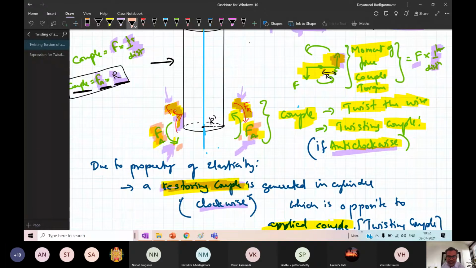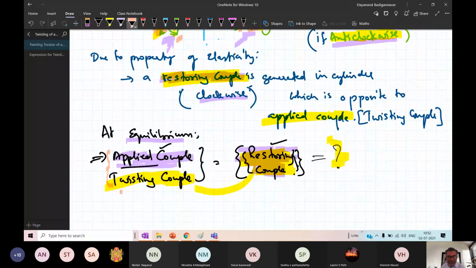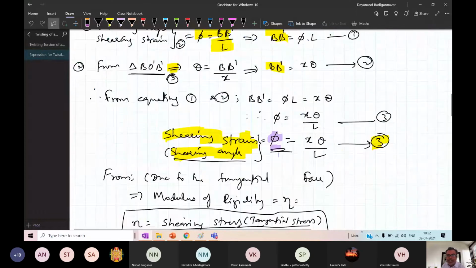There is a restoring force exactly opposite to the applied couple, called the restoring couple. The applied couple, or twisting couple, is equal to the restoring couple. In the last class, we evaluated the twisting couple of a wire or a cylinder.